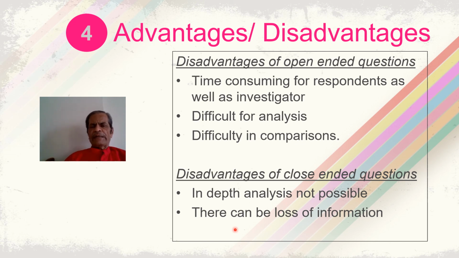That cannot be given in the closed-ended questions if there are only 4 responses, and the 5th response is impossible to register. But that is not the difficulty with the open-ended question because the 5th response can be given in the open-ended question in the form of text by the respondent. So there can be loss of information because the restriction is imposed by the questions in case of closed-ended questions.